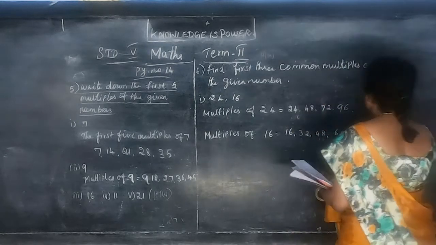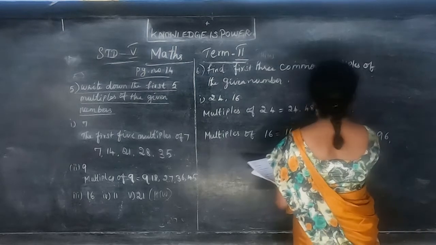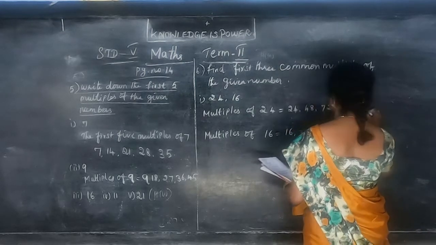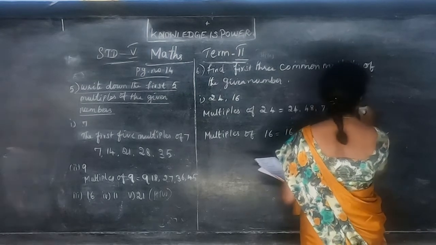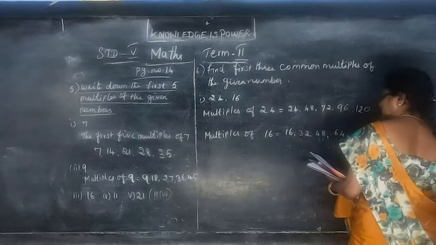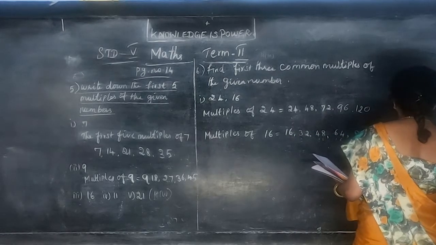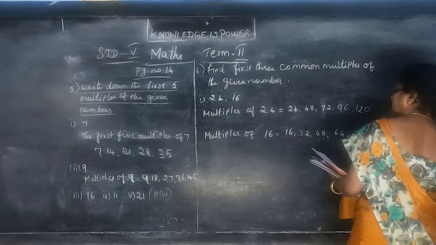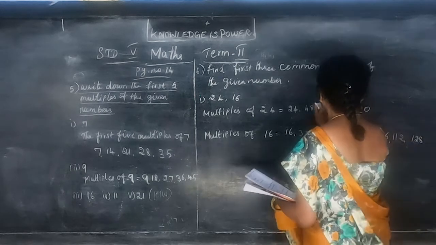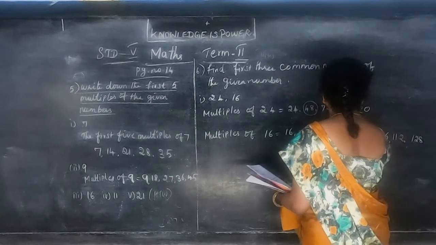Then 16 and 16 is. So we can round up 48.